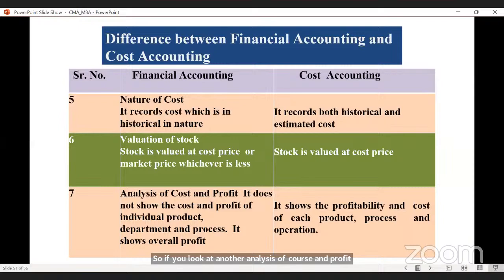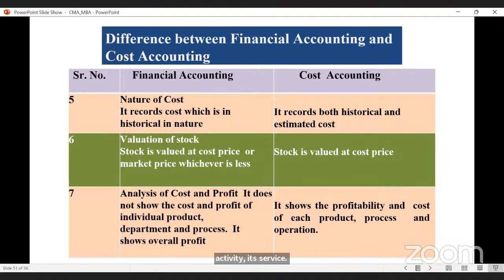So if you look at the analysis of cost and profit, financial accounting does not show the cost and profit of the individual product, individual department, or individual process. Financial accounting always shows the overall profit, overall financial position, overall cash flow of the business. But cost accounting shows the profitability and cost of each product, each process, each operation, each activity, each service.